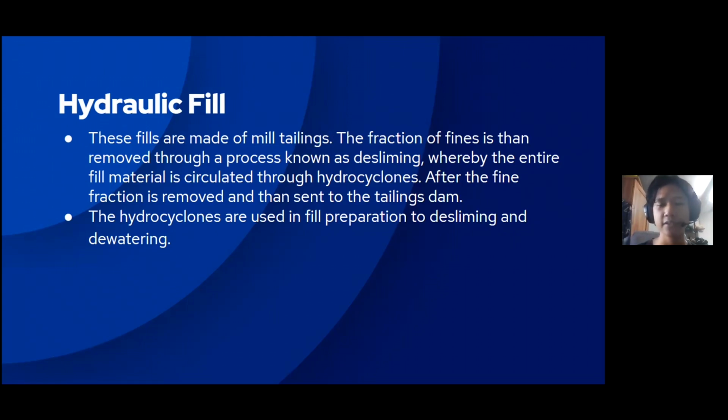Desliming makes the fill not slimy anymore, and the dewatering reduces the amount of water in the fraction of fines itself. After desliming and dewatering, the fine fraction is removed and then sent to the tailings dam.